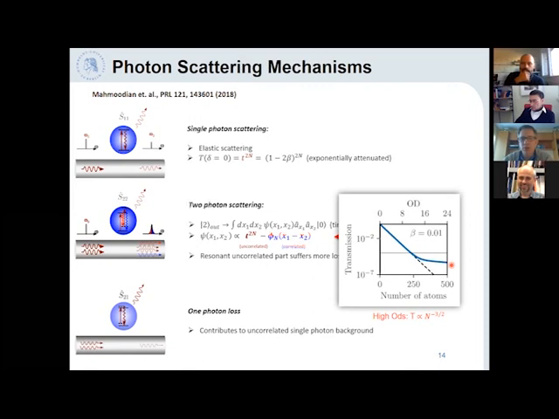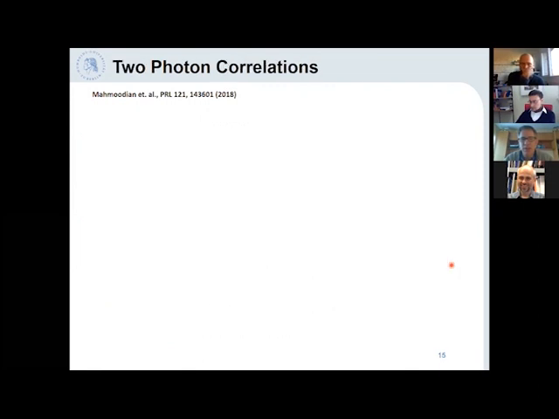Now let's go to the photon correlations that we expect from the output that issues from the coherent superposition of these scattering mechanisms. What we want to know is, what is G2 as a function of time delay? As I said, the time delay is equivalent to a physical distance between the photons divided by the group velocity.